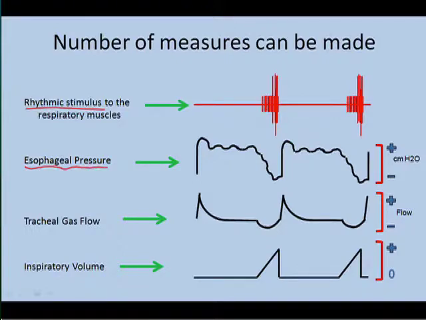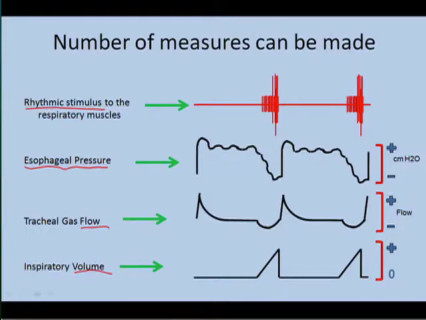If we measure the pressure changes in a balloon in the esophagus, we know how pleural pressure changes. If the patient breathes through a flow meter, also known as a pneumotachometer, we can measure the magnitude and direction of flow. Lastly, flow, when integrated over time, gives you volume.